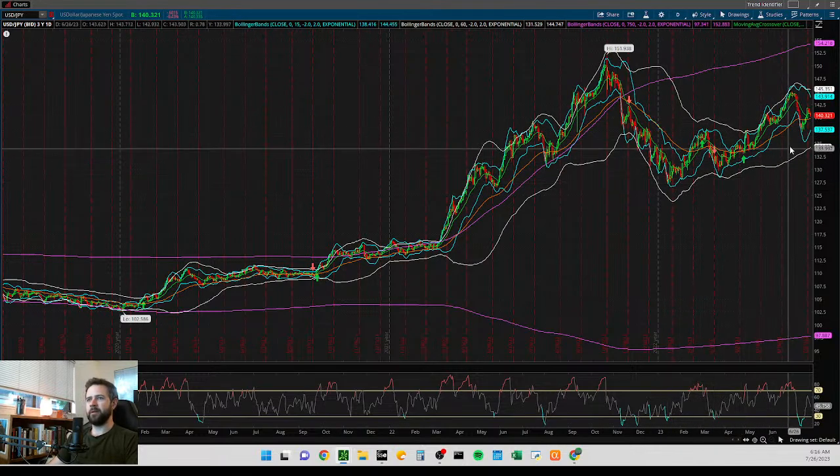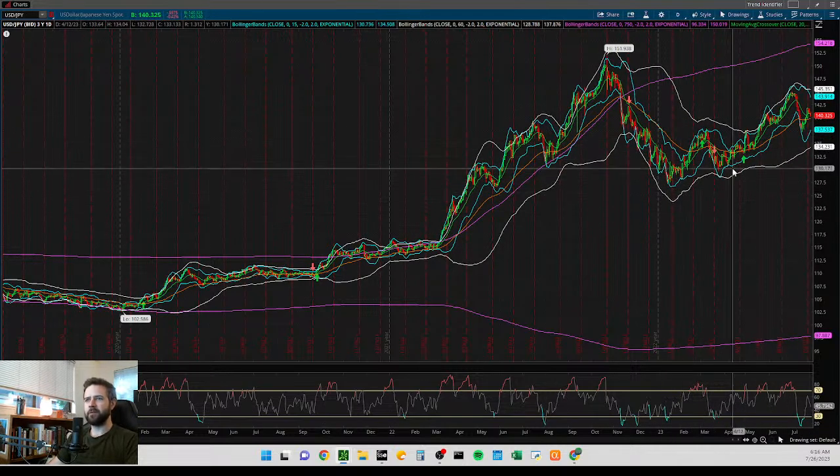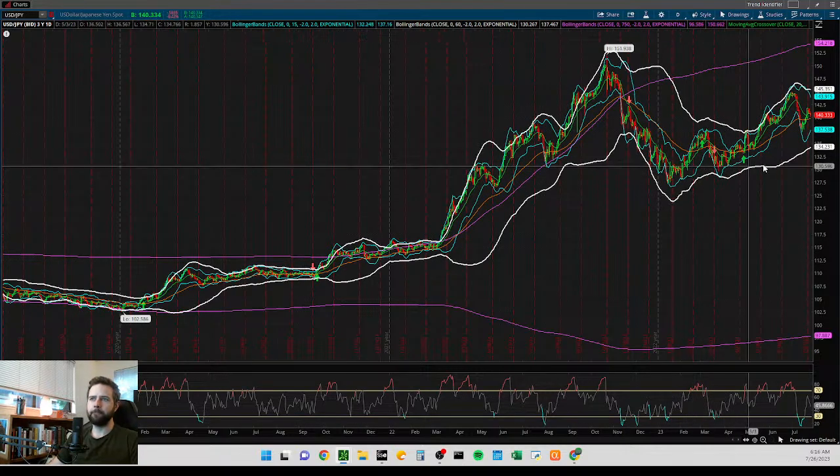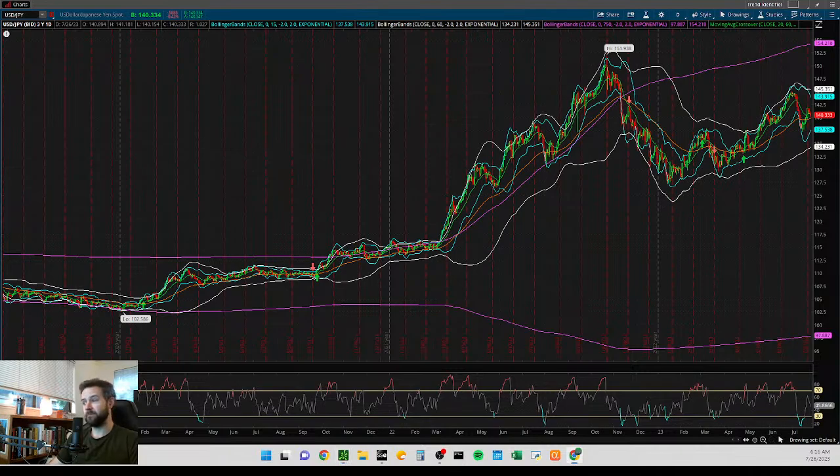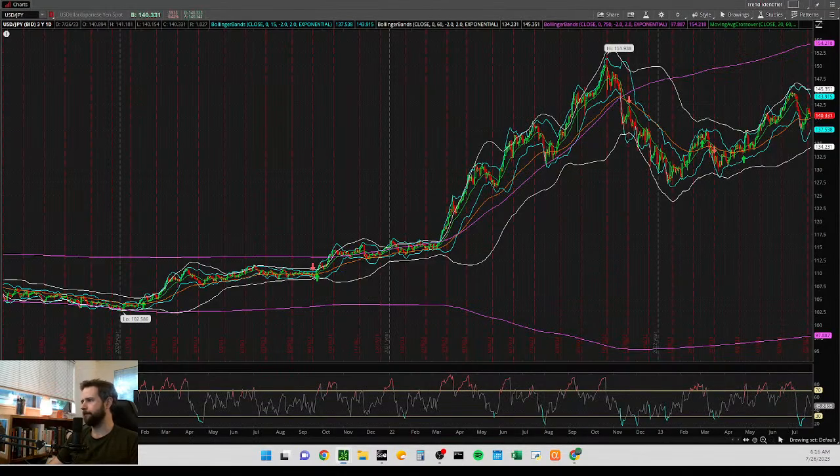It's clearly in an uptrend from the start of the year. Let's see how it looks on my proprietary trading view. I'll buy a little dollar yen.